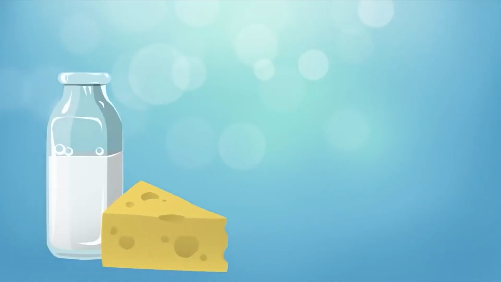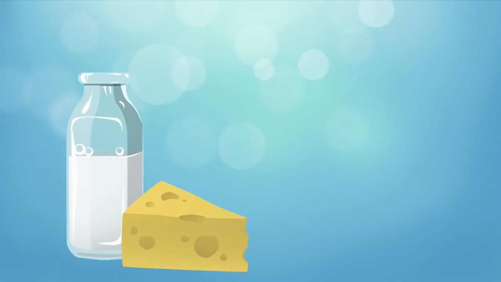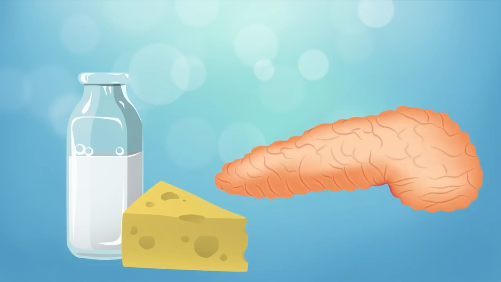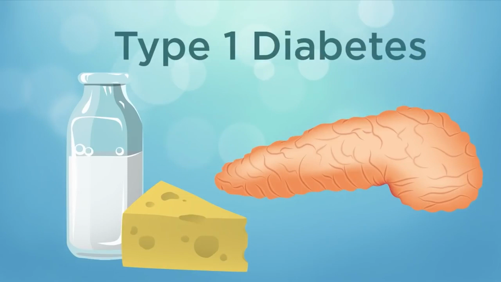For instance, there are sequences on the milk protein beta-casein that are similar to the beta cells of the pancreas. When the body gets these two confused, it attacks the pancreas, resulting in type 1 diabetes. There's a link between milk and type 1 diabetes.